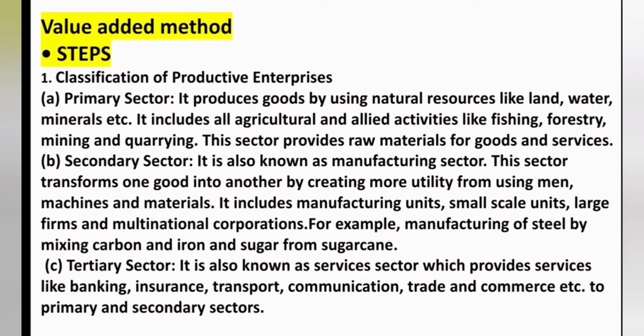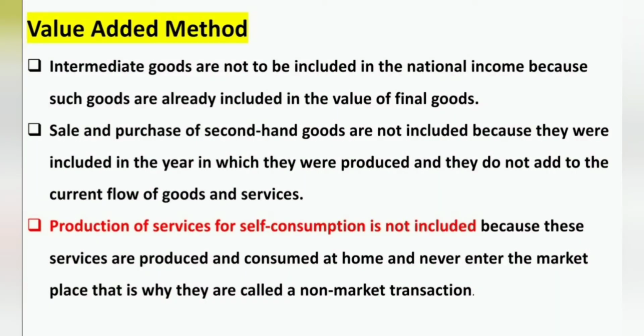First of all, sale and purchase of second-hand goods should not be included because these second-hand goods, their value were already counted in the year in which they were produced. That is in another accounting year. But the commission and brokerage involved with such goods should be included because they are newly generated income.